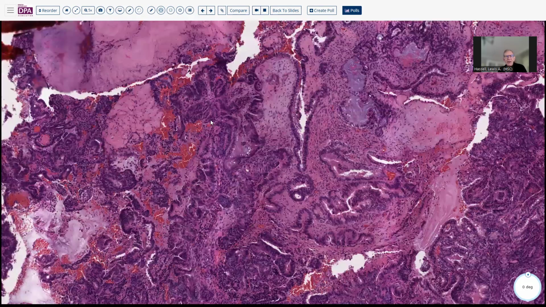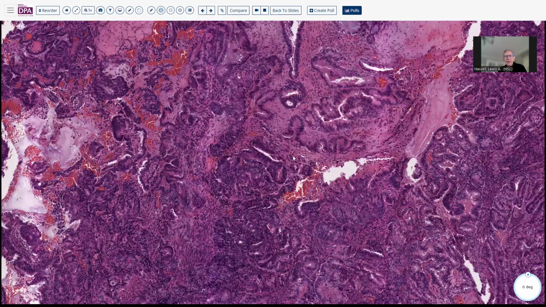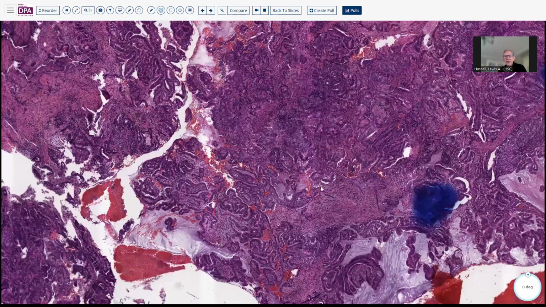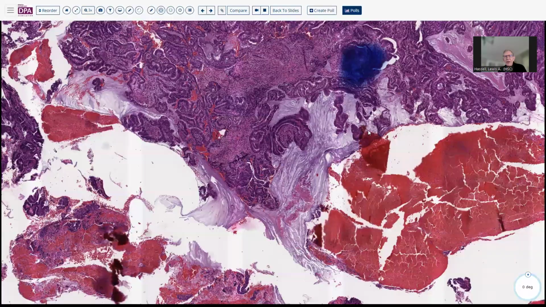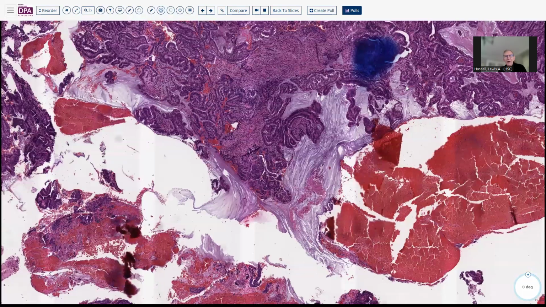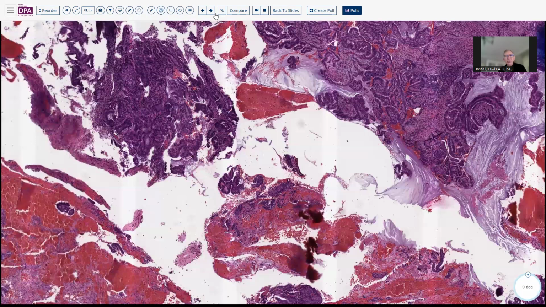In addition, there is a variant which has spindled and chondroid elements and may have other heterologous elements in the presence of still a grade 1 tumor. Additionally, endometrioid carcinomas can give you mucinous metaplasia in cases. So awareness of that feature is also important.